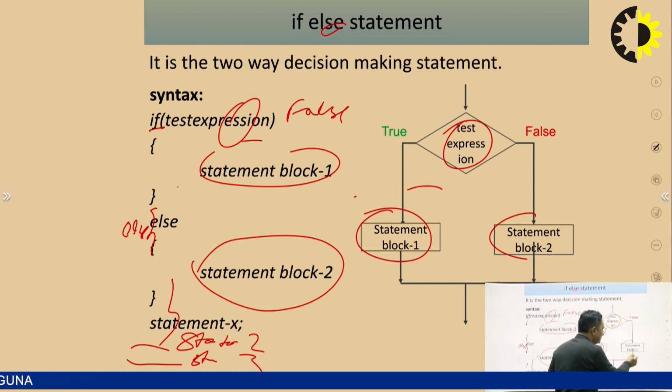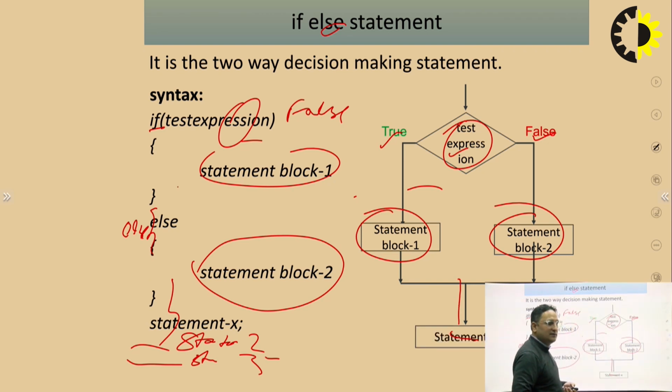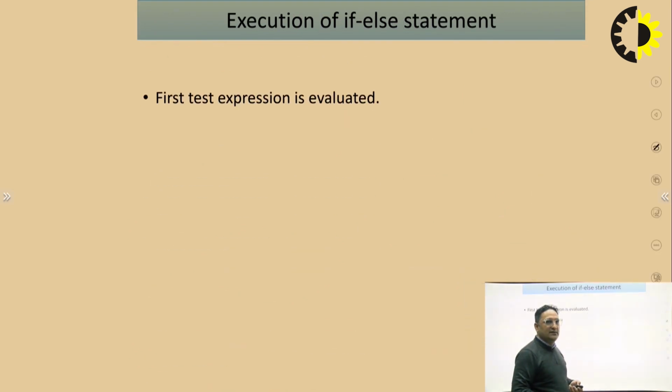If it is false, this block gets executed, right? So we have two blocks which are executed based on this expression being true or false. And then once these blocks get executed, the rest of the program is executed. This is the flow diagram of if-else, right?